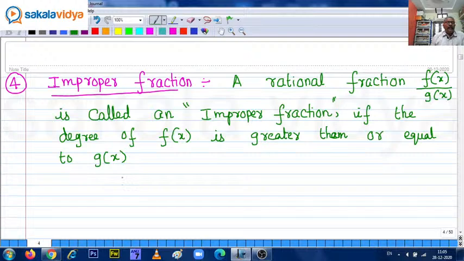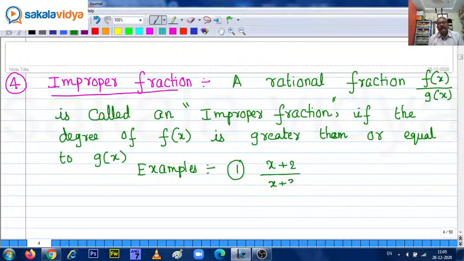Okay, examples right now. First example, x plus 2 by x plus 3. Degree of x plus 2 is 1, degree of x plus 3 is 1, equal. This is also improper fraction. Now x cube by x minus 1 into x minus 2.